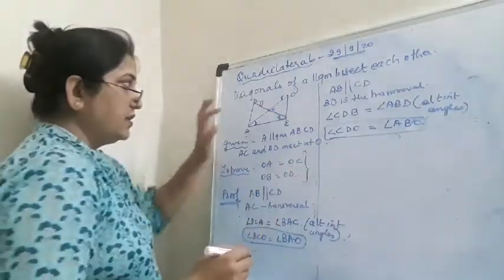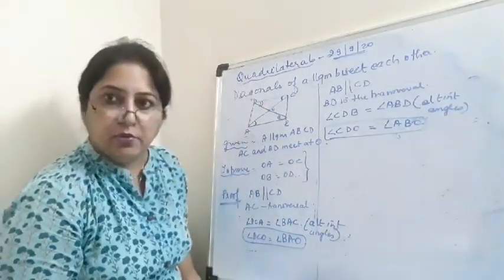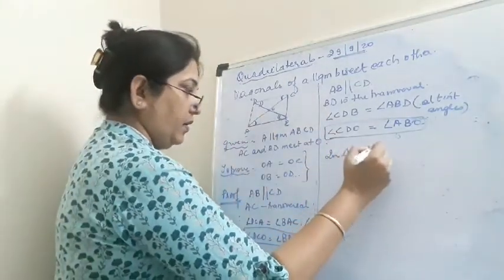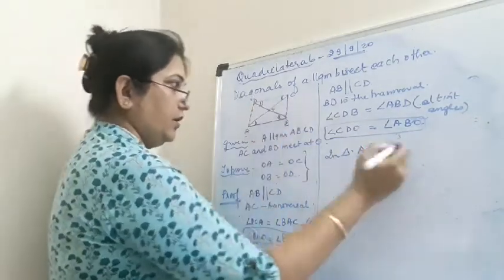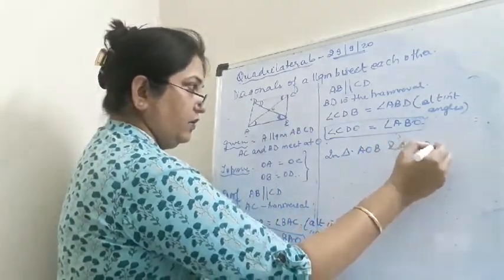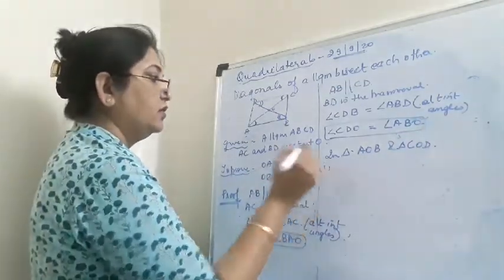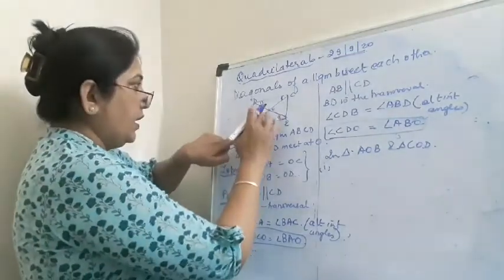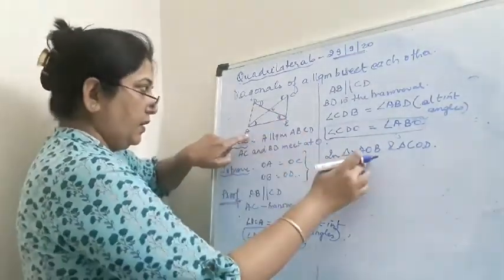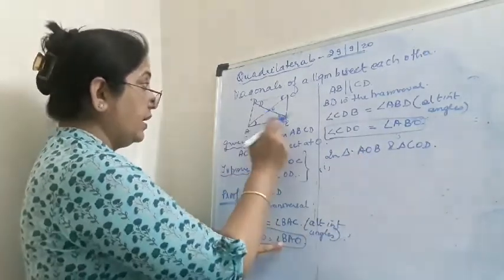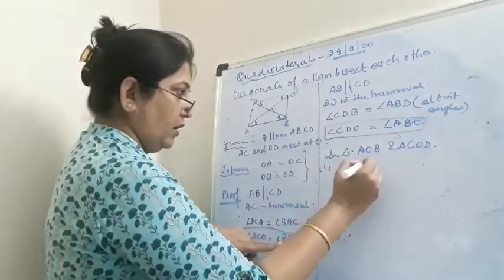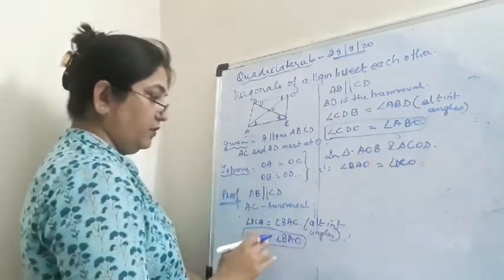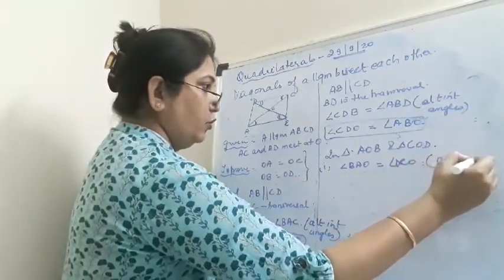Now we will consider these two triangles, as I told you that we will prove them congruent. In triangle AOB and triangle COD, we will choose three parts and then take out the congruence condition. We know that angle BAO is equal to angle DCO, proved above.